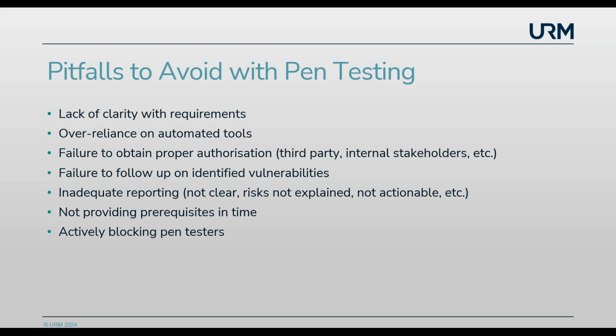Automation is obviously very good. It helps with efficiency, and there are things that machines are probably better than humans at doing. But obviously, you can't only rely on automated tools, especially because tools typically don't have a concept of context.